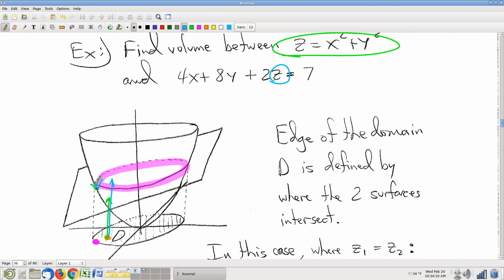I want points, x comma y, where the height of the plane above it is the same as the height of the paraboloid above it. You see what I'm talking about?